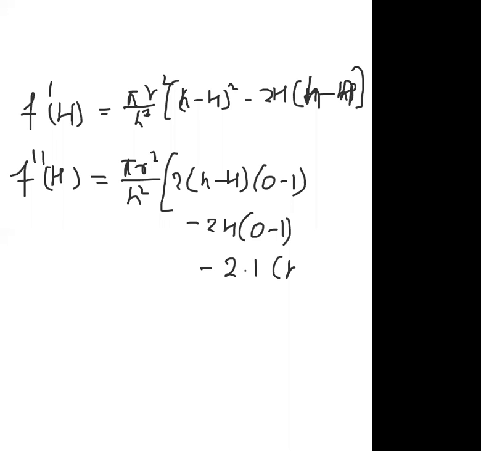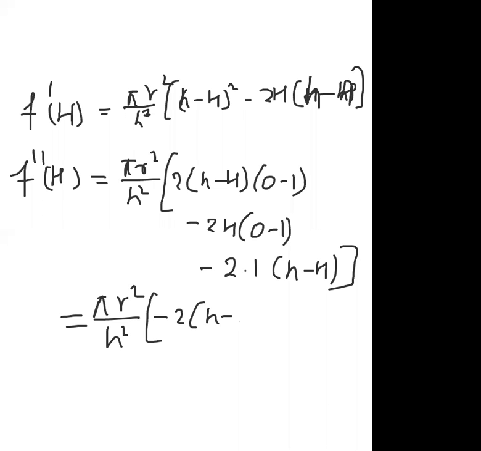It becomes H minus H. Now opening this bracket, this must come negative. So pi R square upon H square, I'm opening, this is already negative, 2H minus H, minus minus plus 2H minus 2H plus 2H. This will get cancelled.